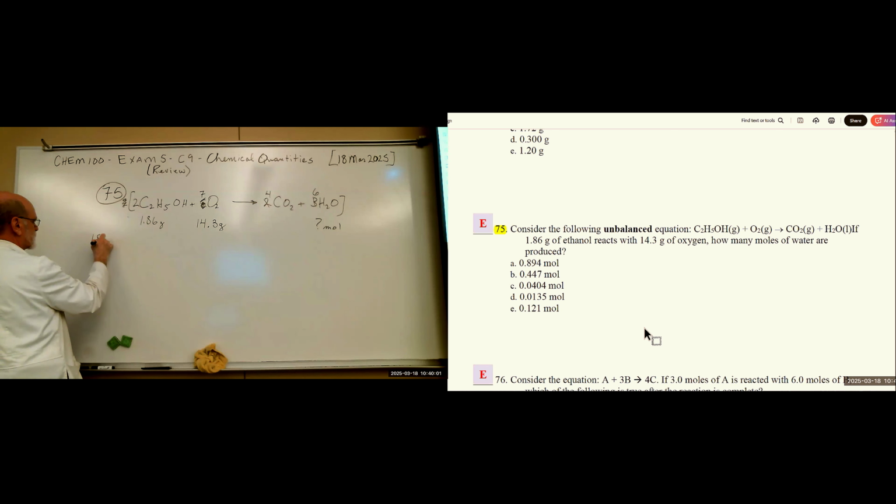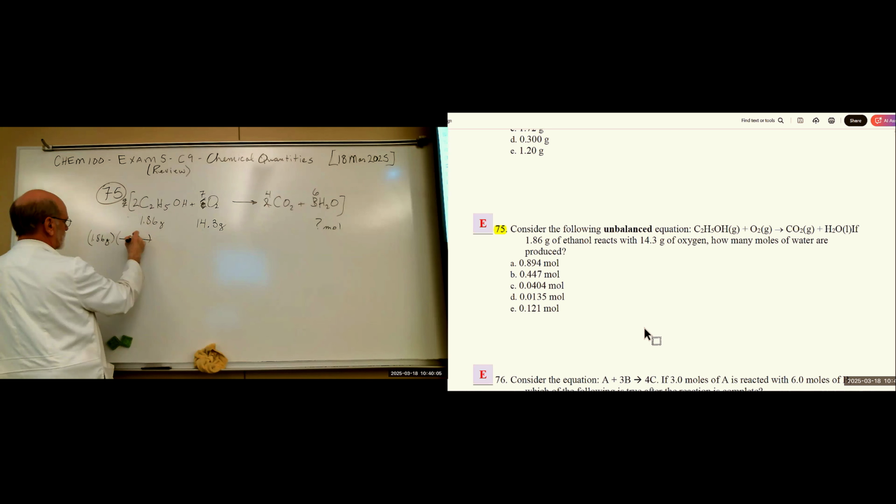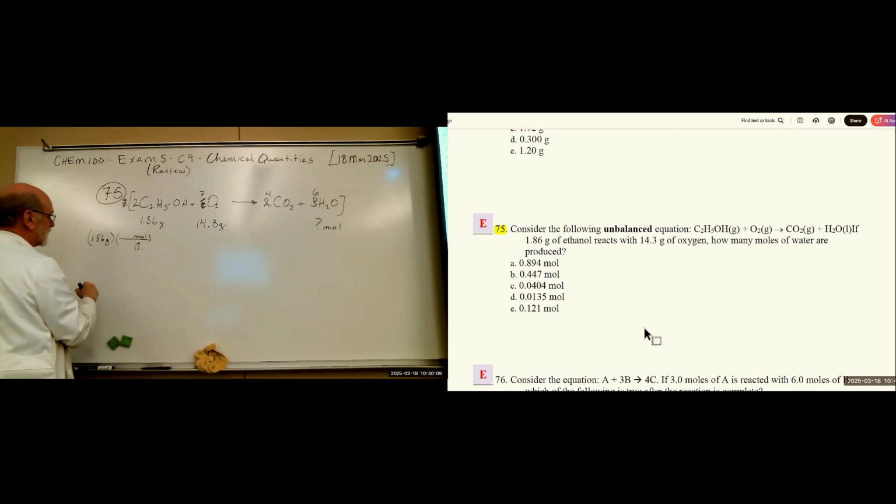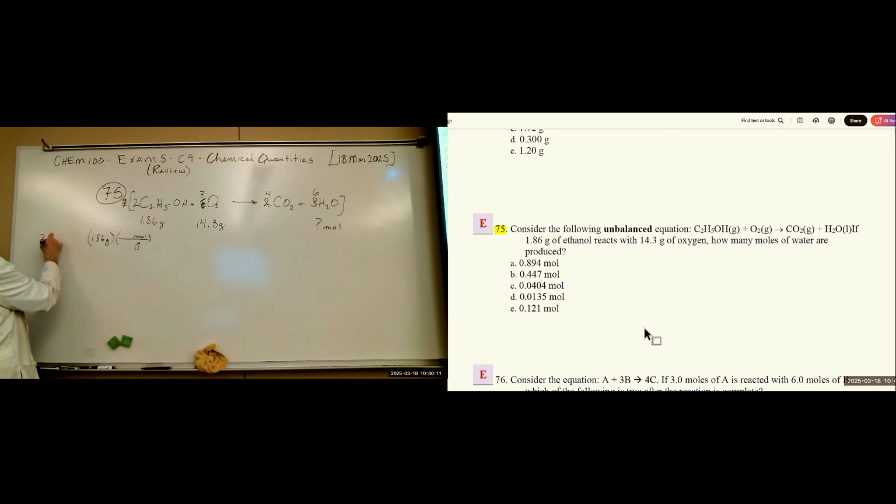So 1.86 grams of ethanol converted to moles. We need 2 carbons. We need 6 hydrogens. And 6 hydrogens, 1 oxygen.